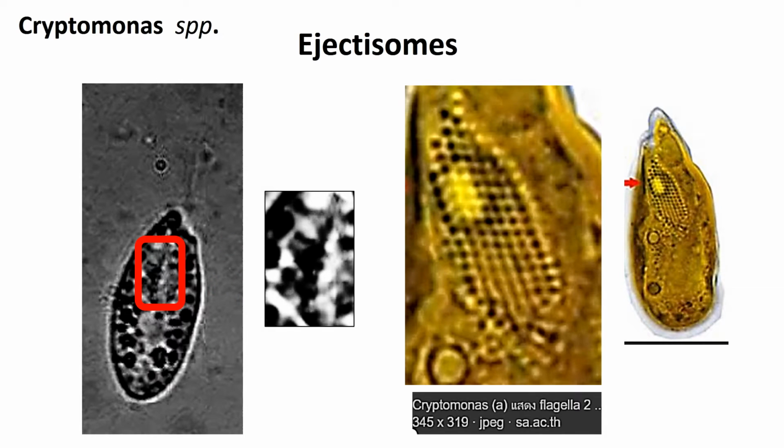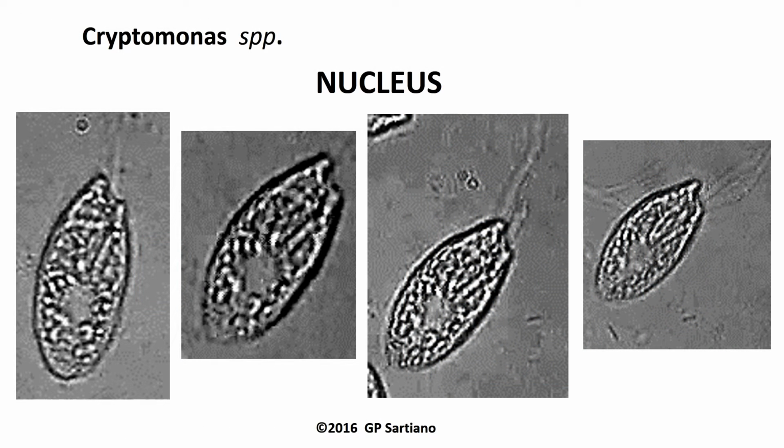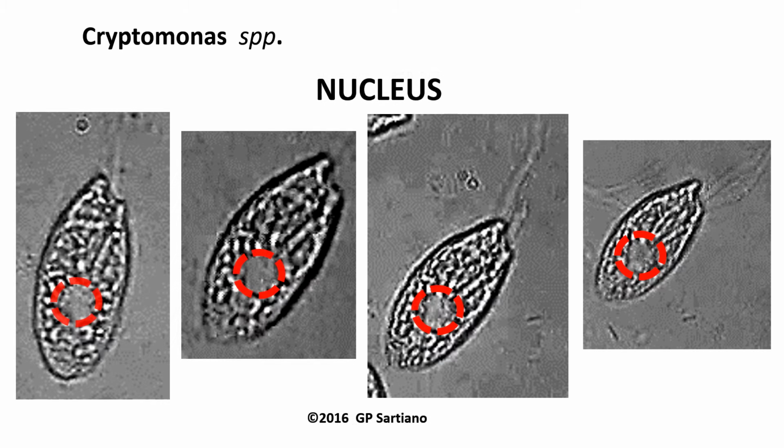In some species of Cryptomonas, rather than appearing like a series of black spheres strung along a black ribbon, the ejectosomes are collected in a large number in a well-organized field. The nucleus tends to appear like an irregular sphere located in midbody.